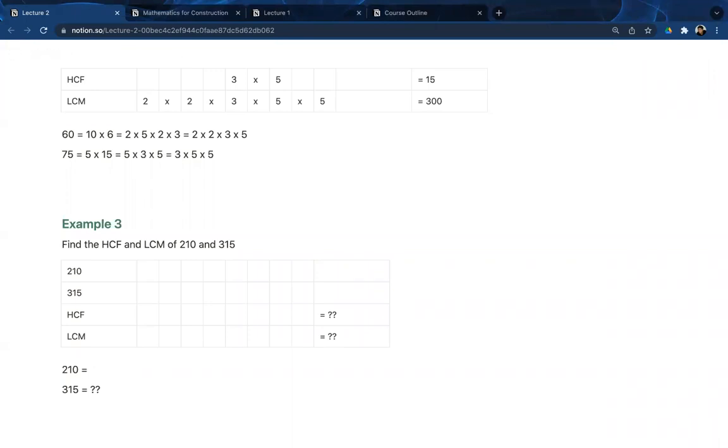We'll try the prime factorization of 210. Now 210 ends in 0. So we know it's a multiple of 2 and 5, which is 10, right? So this is 2 by 5 by 21, since 210 is 21 by 10.